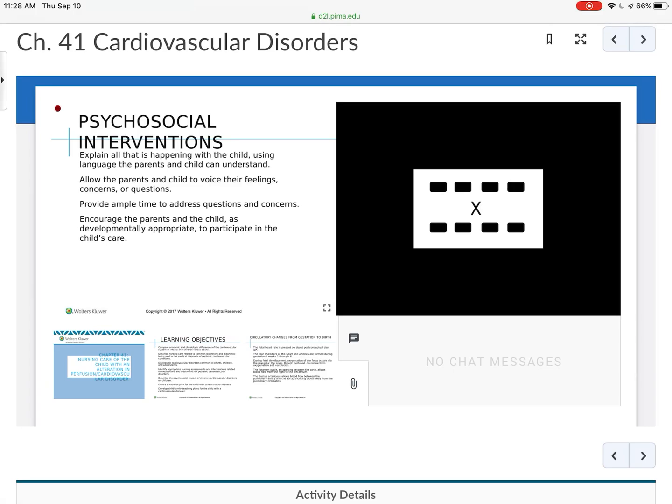Psychosocial interventions, so really explaining what's going on. A lot of times we may assume that parents are going to Google symptoms and really look at that, and a lot of parents don't. Using language that they can understand, listening to them, and giving time to address their questions, and then participating in care. So we would do this with any chronic illness, disease.